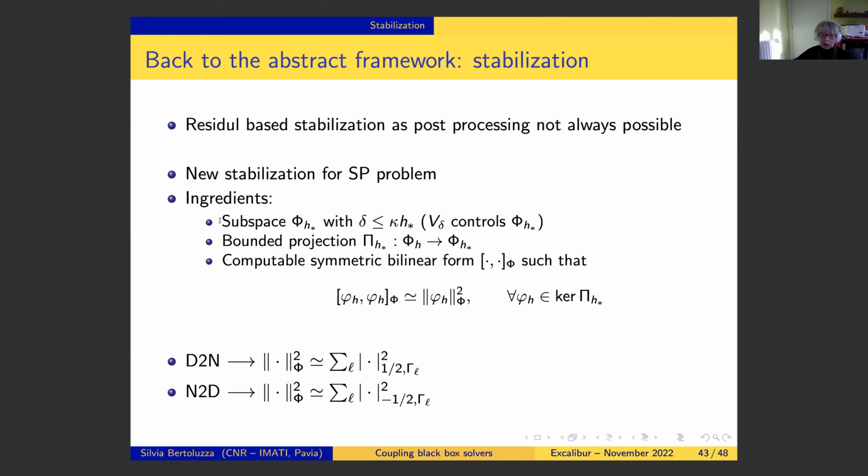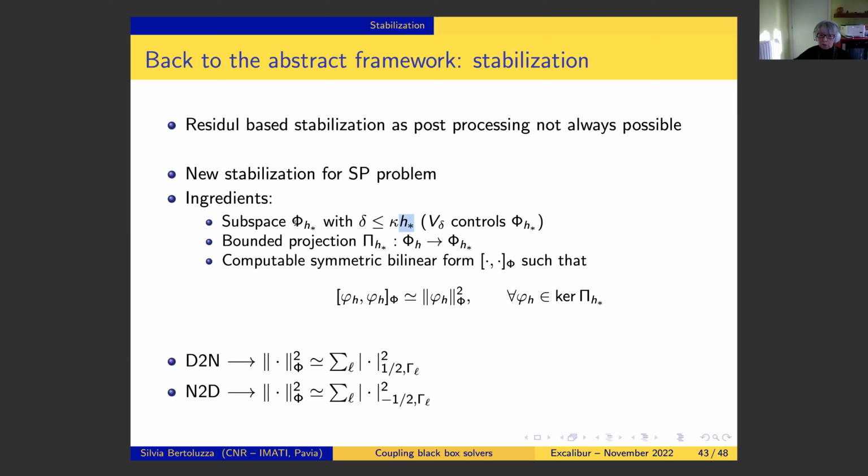The ingredients are a subspace of my discrete multiplier space, which is coarser, in such a way that the assumption delta less than KH is satisfied for H equals H star.